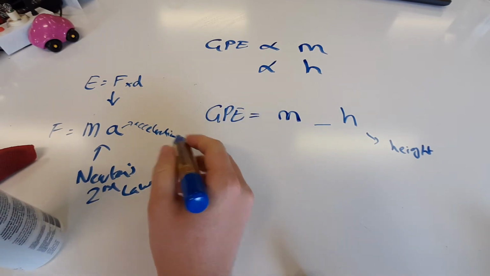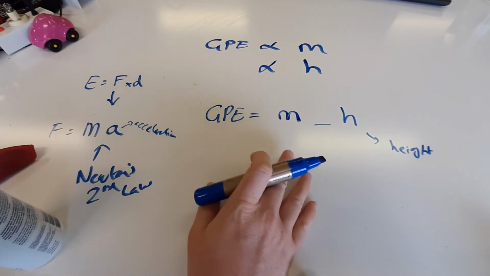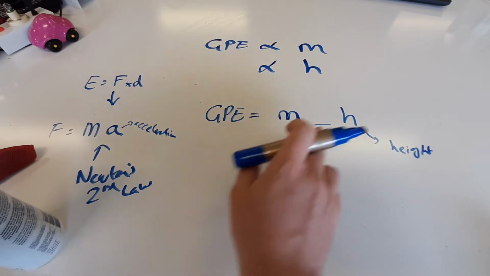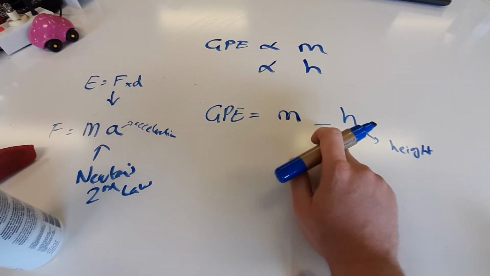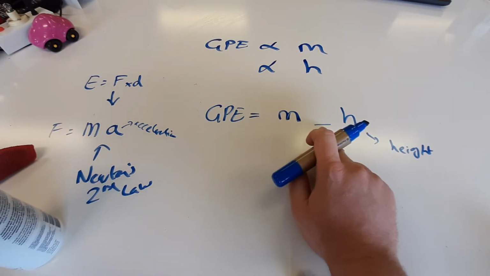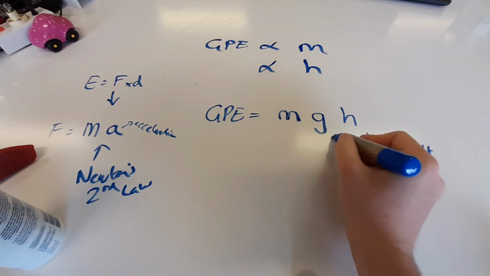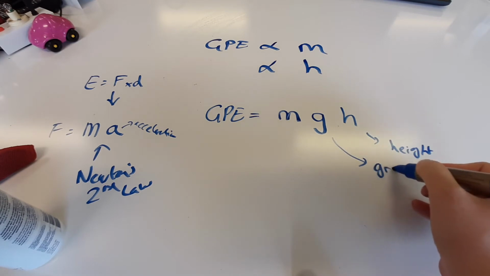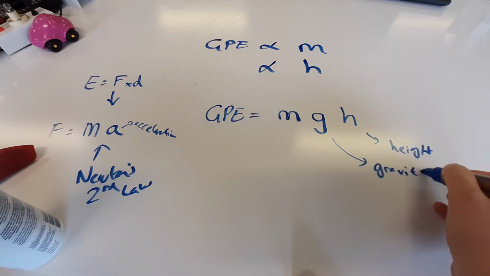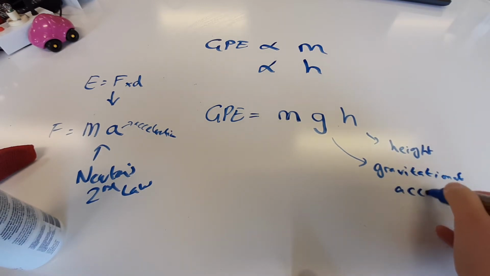This is kind of why I don't like teaching energy before teaching forces, because I'm going to put something in here and it won't make sense until a few months down the line when we look at what this stuff is. But I'm going to put a letter in here, and this is g, gravitational acceleration.